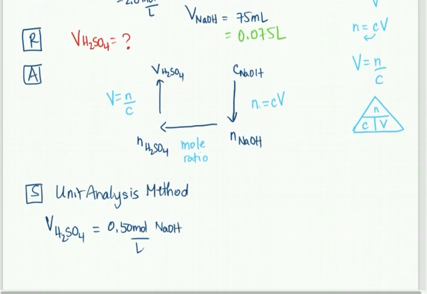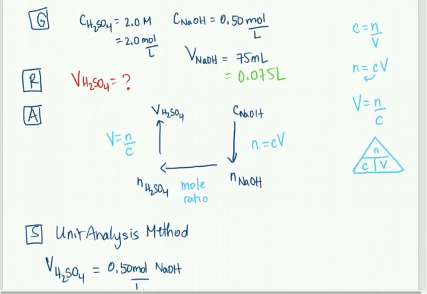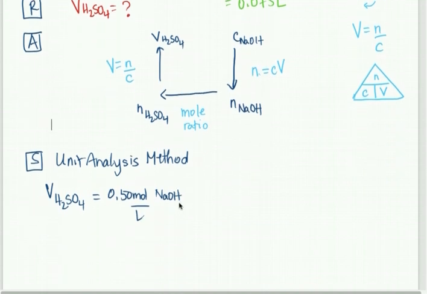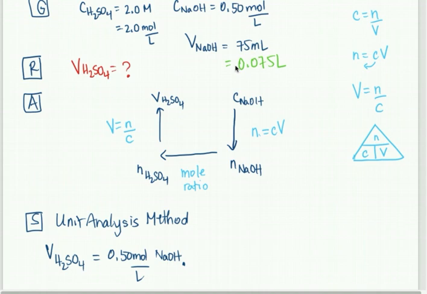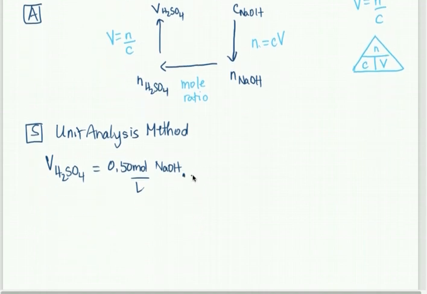In our first branch, we need to get to the amount by using the volume that we're given. We know there is 75 milliliters of sodium hydroxide, so we just have to decide which way to stack that. We should put it at the top because we don't want the same units on the same level. So we need to multiply that.